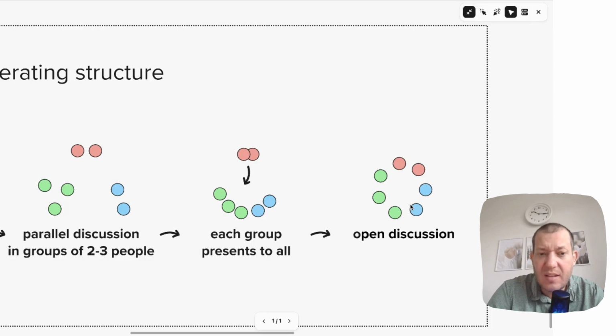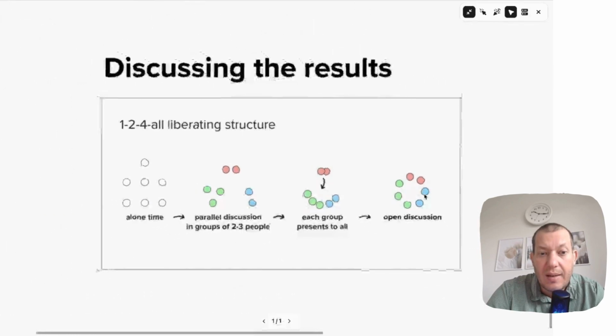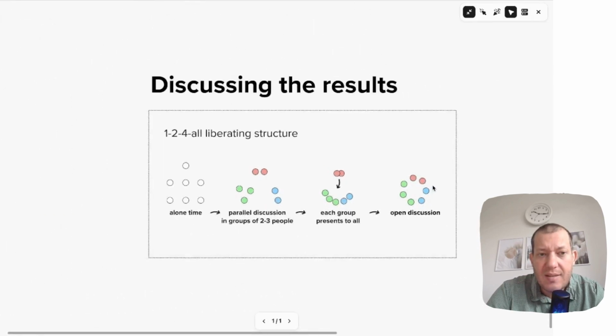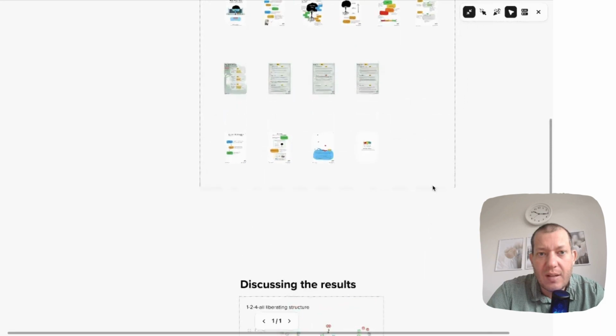For example, they will definitely vote. They will definitely look at how many people have voted for an option. If there are not qualified enough people, then they will not make the decision. They'll have more open discussion. So basically, that's the rough idea.